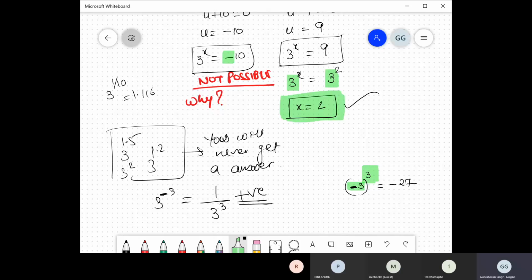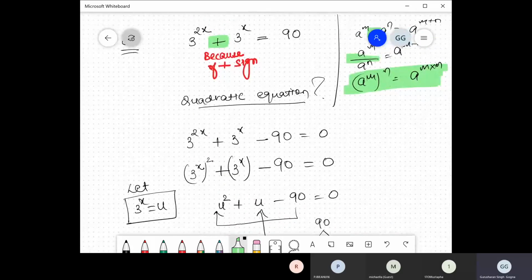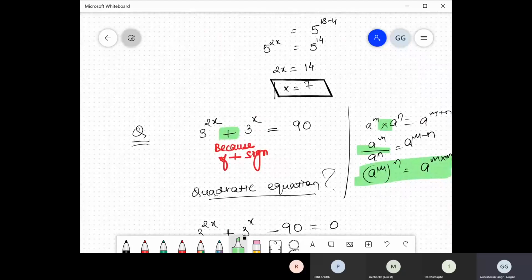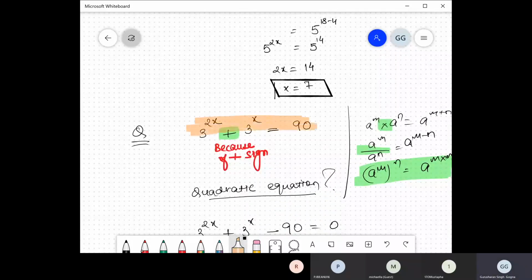So what is the moral of the story? When you see this type of question with a plus or minus sign, and you see something like 3 to the power 2x and 3 to the power x, it's a quadratic equation.